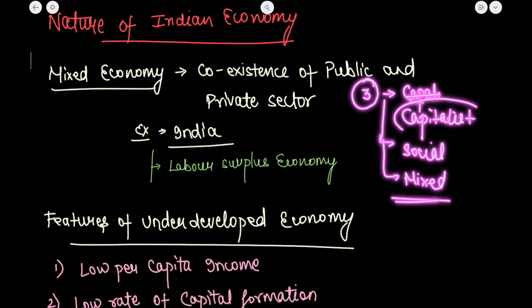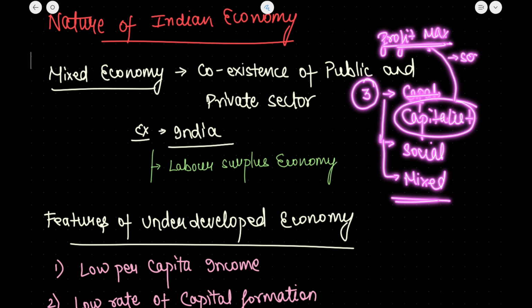Now in the capitalist model, the primary motive of this type of economy is profit maximization. So profit maximization is the aim, whereas the social cause is considered at the lowest level.